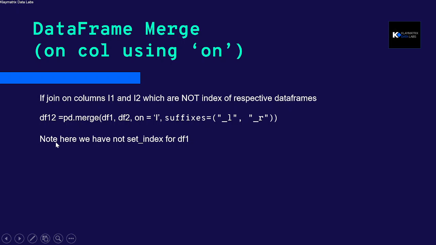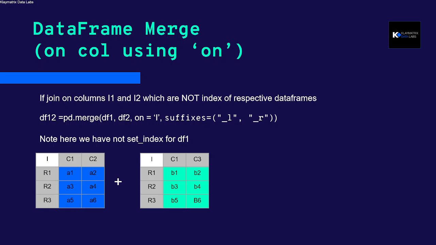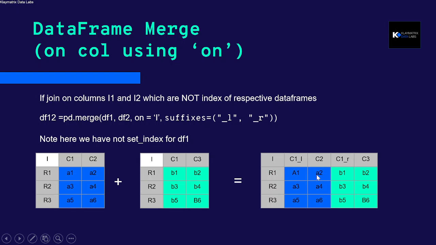So you can note here that we have not used set index in df1, right? Unlike the join, if you remember the join video where we had used set index. So this is the first data frame. Second data frame, we're combining on this I, which is the index here, and then we're getting the output like this, right?